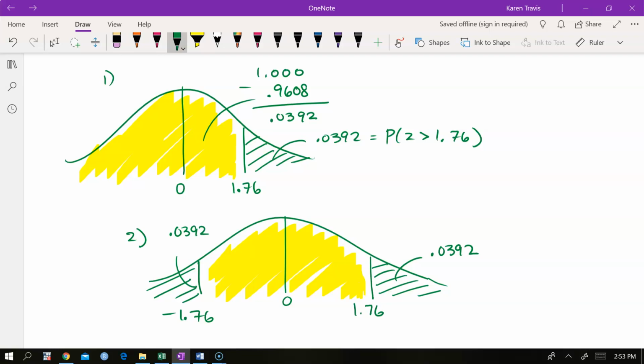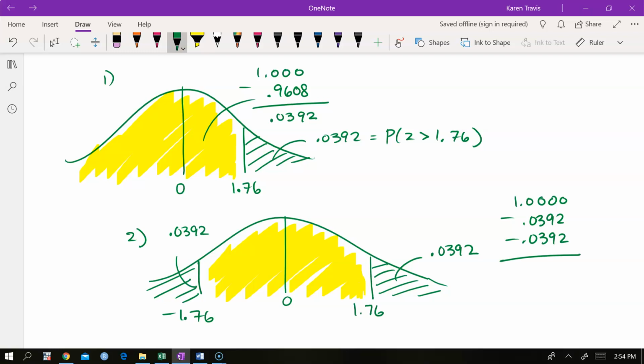Then we can do the same thing here. We can say, starting with a 1.0000, I'm subtracting off two different tails that are around 3% each.